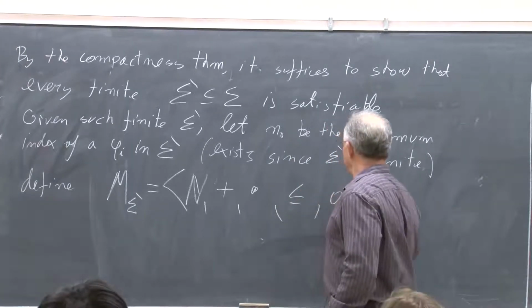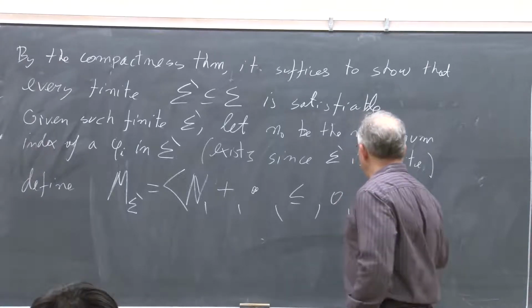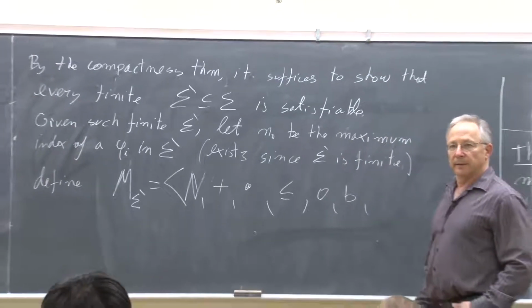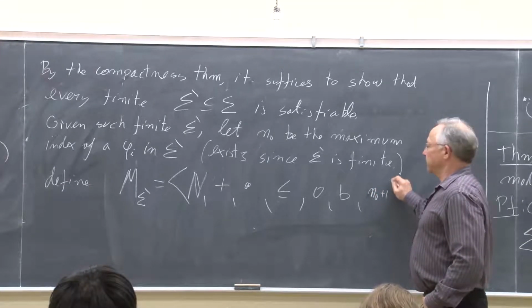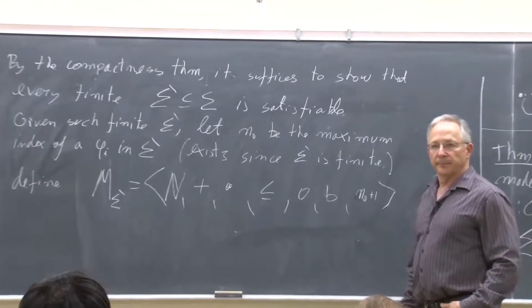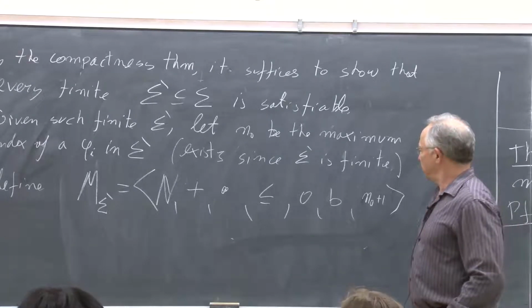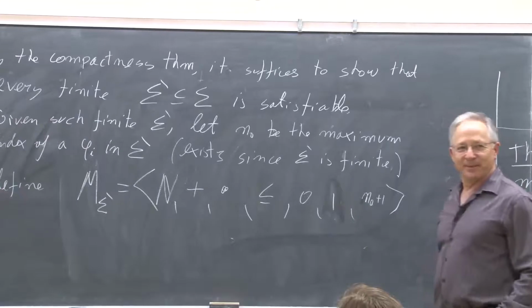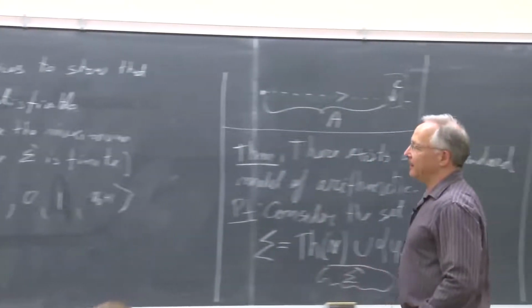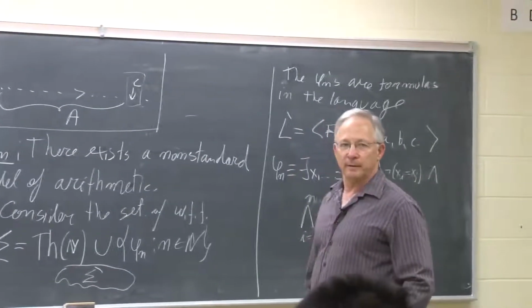A is going to be 0, and B is going to be 1, and C is going to be just the number, say, n0 plus 1.